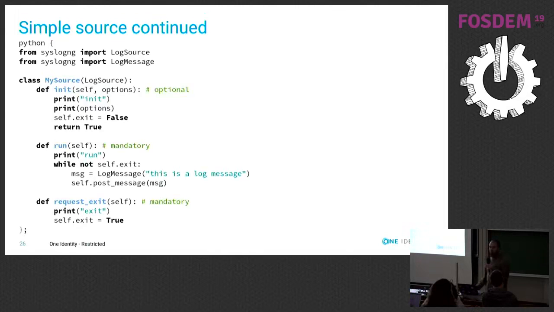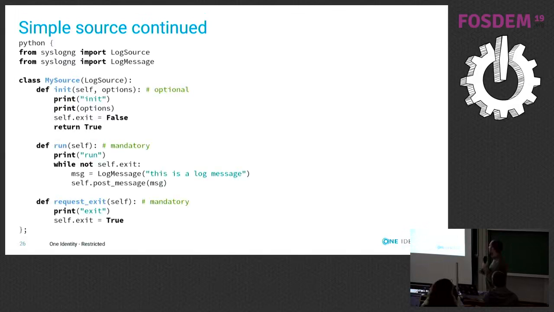To use the Python source, you need to import a few classes from syslog-ng, and the class needs to descend from the log source class. In the initialization part, we just simply print the options I defined and set the exit variable to false.